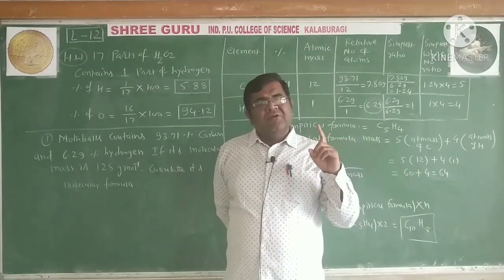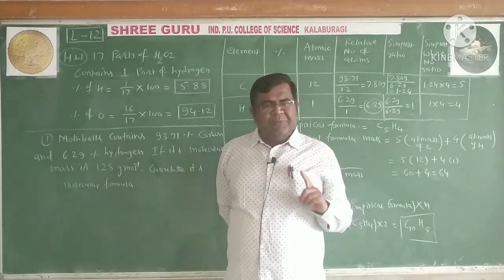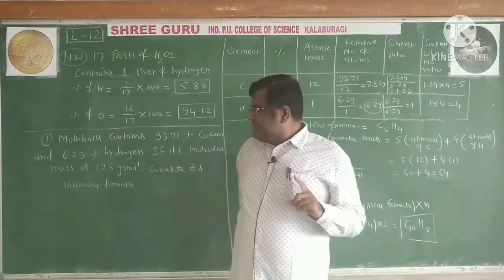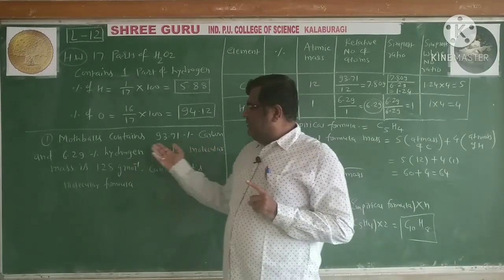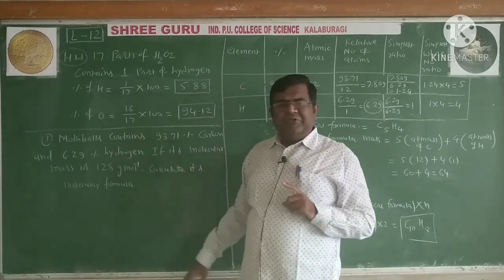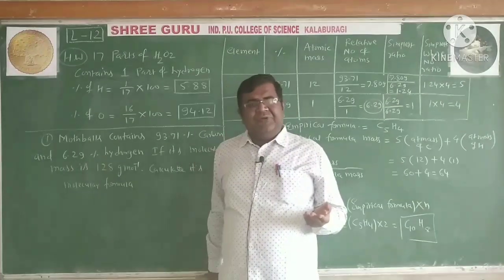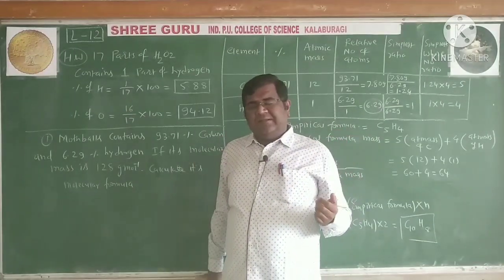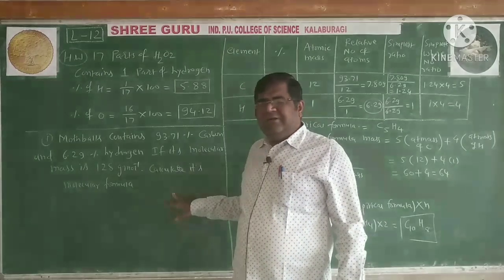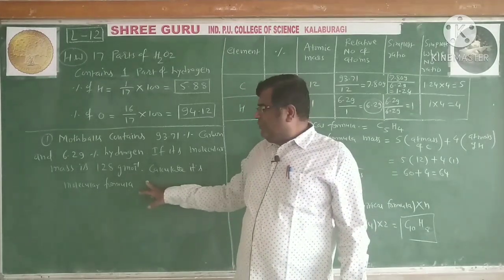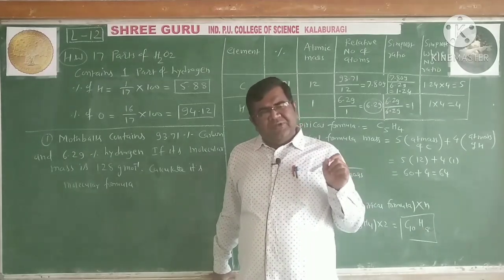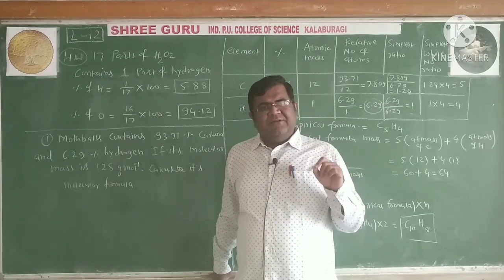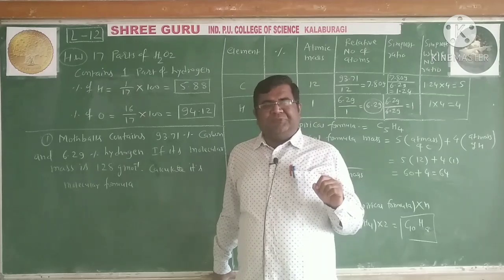First, we should know the percentage composition of the elements, which is given in the question: 93.71% of carbon, 6.29% of hydrogen. Next is atomic mass, which will be given in brackets at the end of the question. What are the atomic masses of those elements which are mentioned in that particular question?